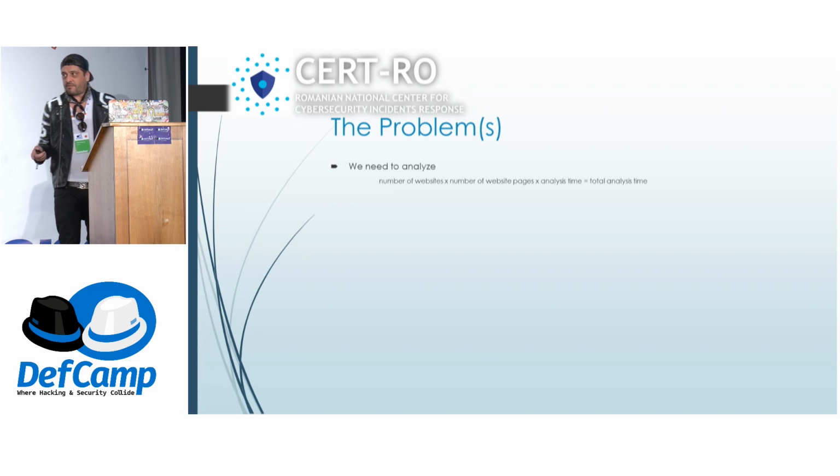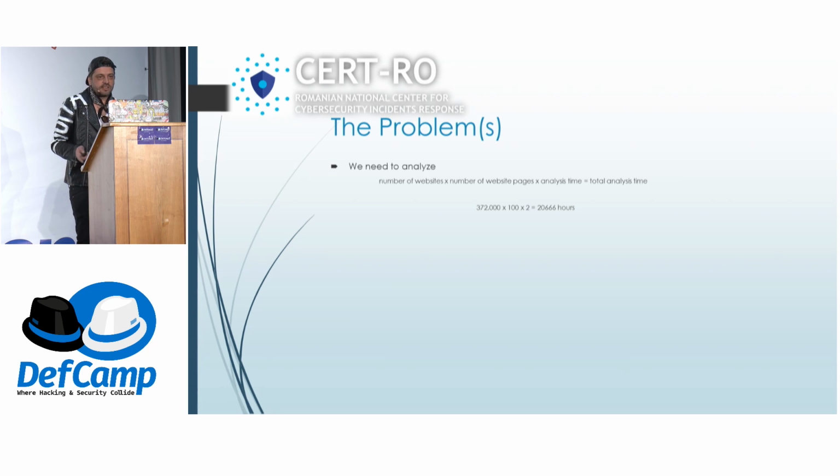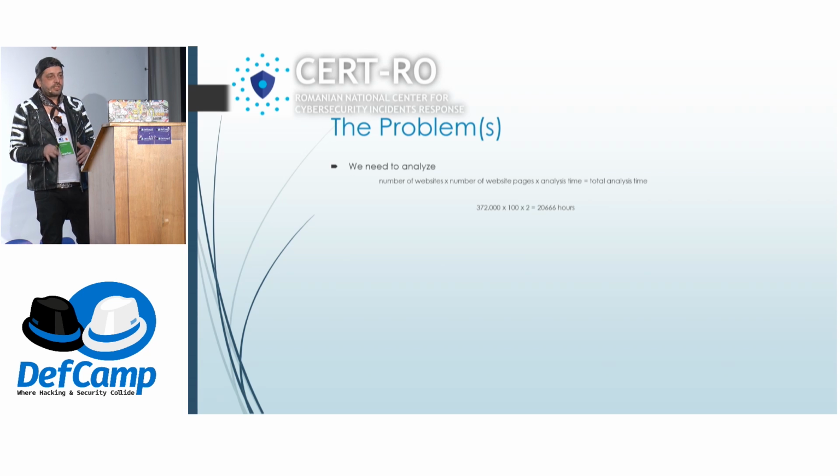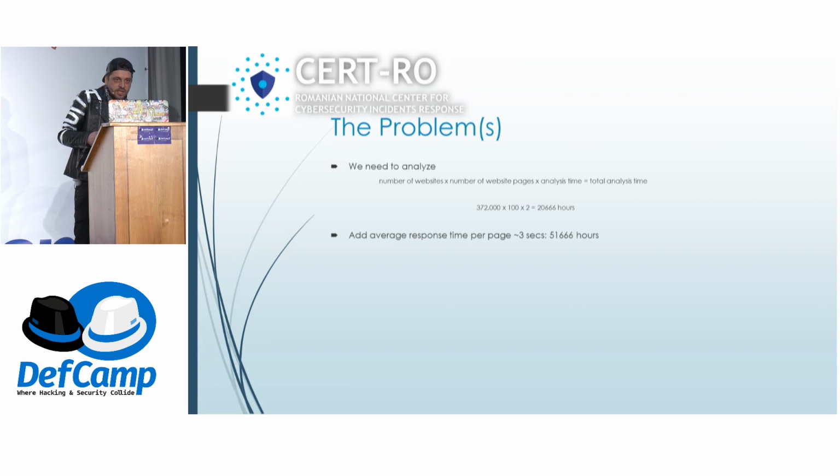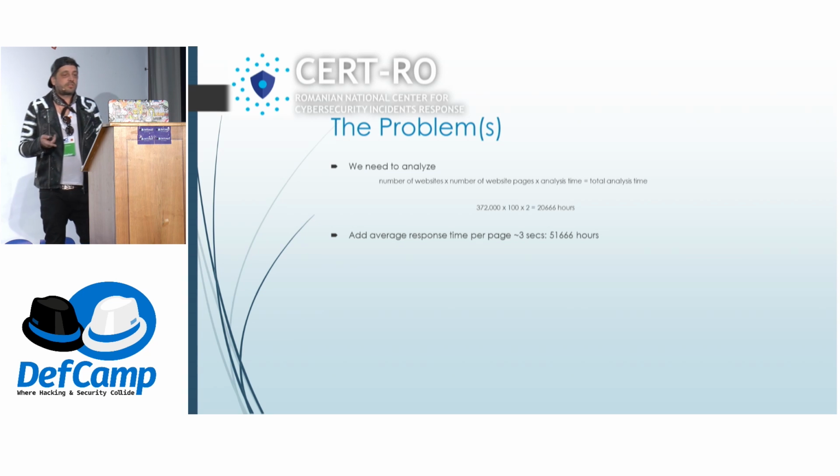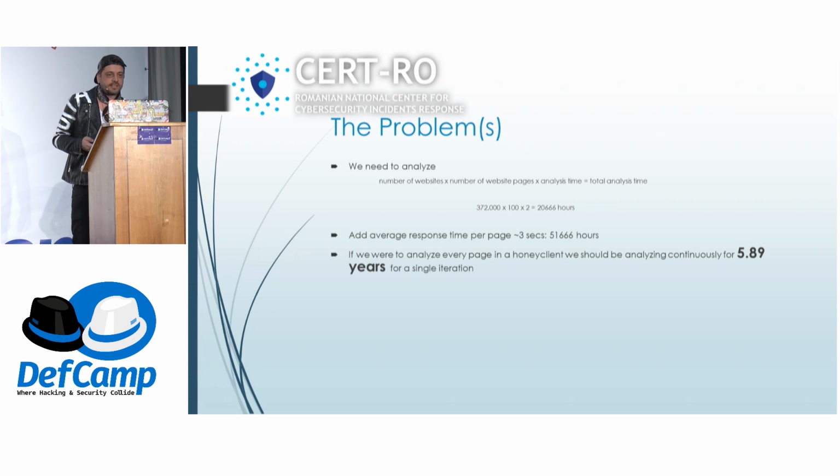The problem we have, though, is that we have a number of website pages and an analysis time, which in our circumstances translates to roughly over 20,000 hours of analysis. If you add an average response time per page of about 3 seconds, you get 51,000 hours of analysis.